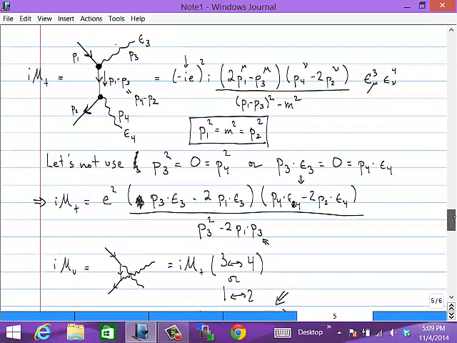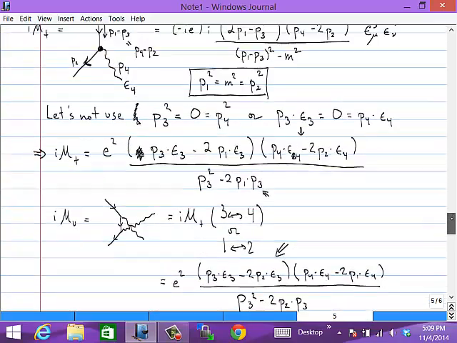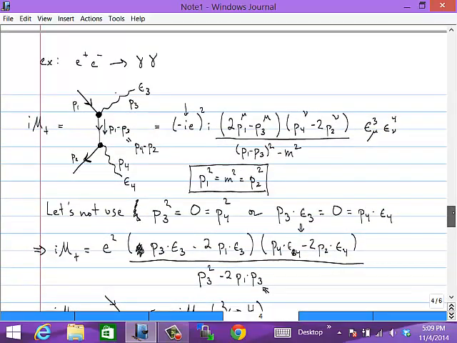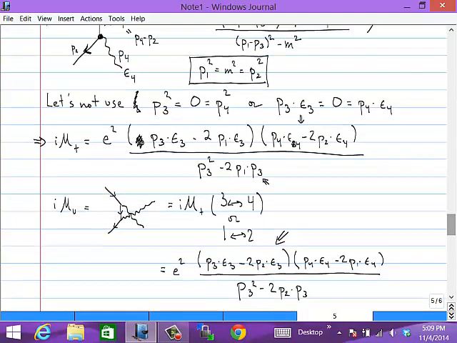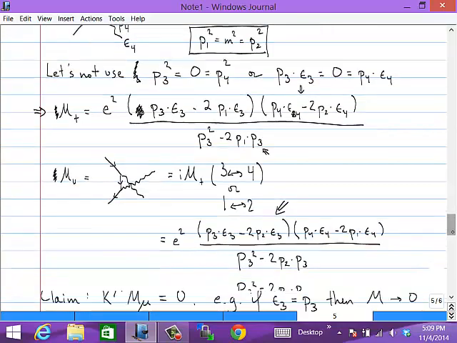Where's my factor of i? Ah, there was an additional factor of i here, which I forgot about, so I should factor that out here. Okay, much better. Good.